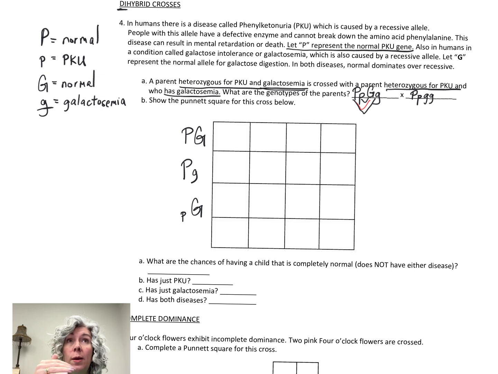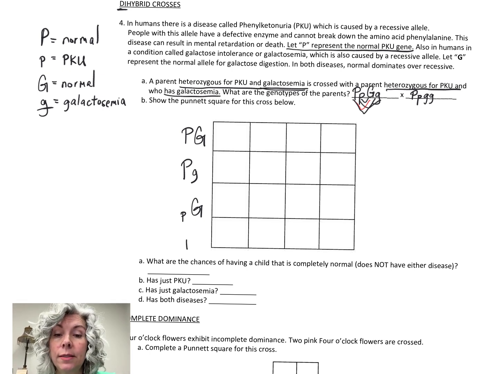So what is above putting capital first? Keeping your traits in order. That supersedes. So I'm going to always have my P's first, even if that's a lowercase p. Then I'm going to pair up my p with my G. Lowercase p, lowercase g. Okay, there's one parent.